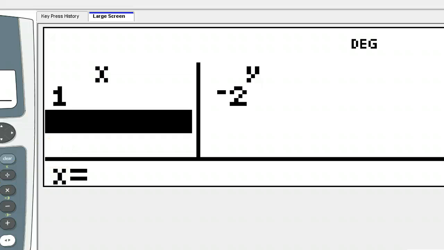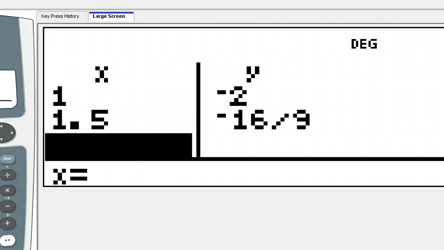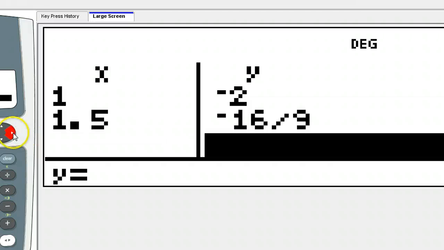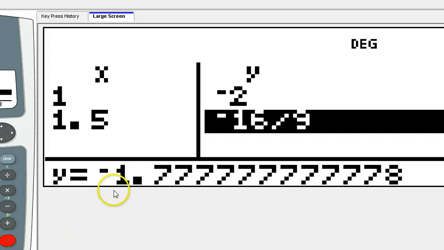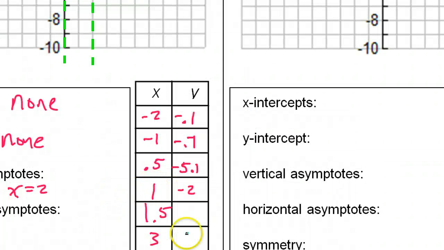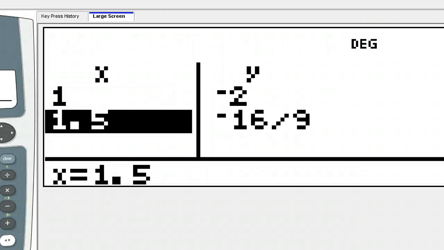If I type in 1.5, I get this, which is -1.8. Let's see, how about 3?